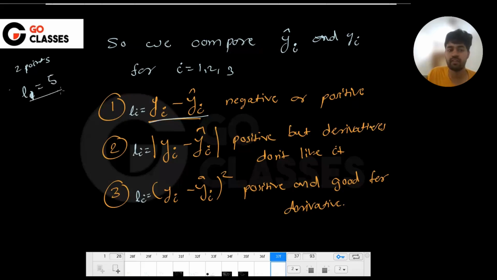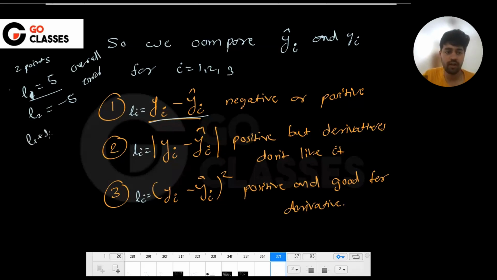For the second point, L2 turns out to be minus 5. That is possible, right? For some value of m, you can always find that. So for the first point, L1 is 5, and for the second, it's minus 5. So overall error, when we actually add these two, will be 0.